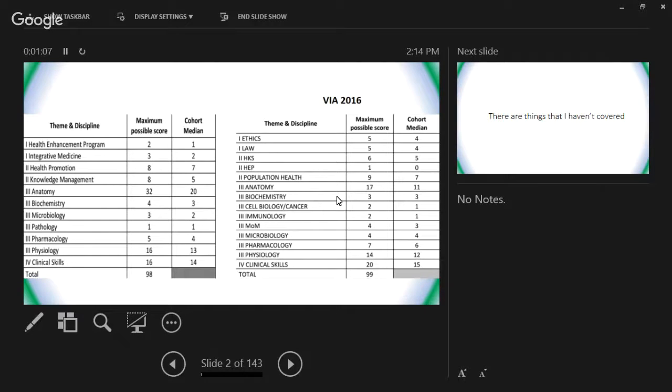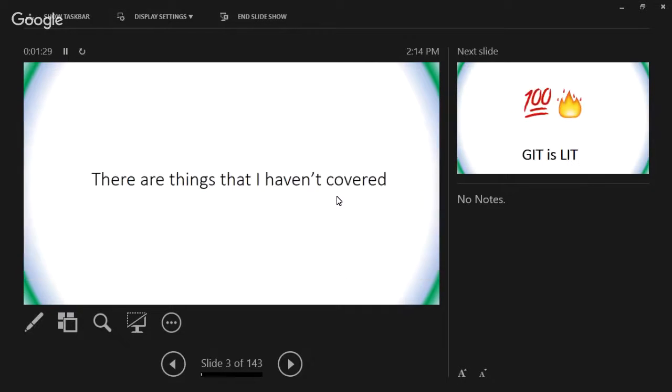The other main reason is the VIA at the end of the year. The way the VIA is graded, one round of VIA is worth 5 marks, so even if you get 20 GIT questions, you might get like 4, and that's almost the same thing. So just keep it in the back of your mind. There are some things I haven't covered, so don't use this as your only revision.